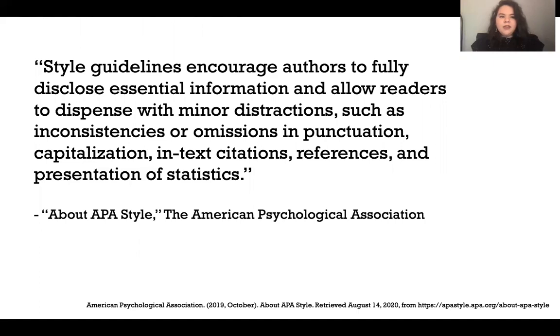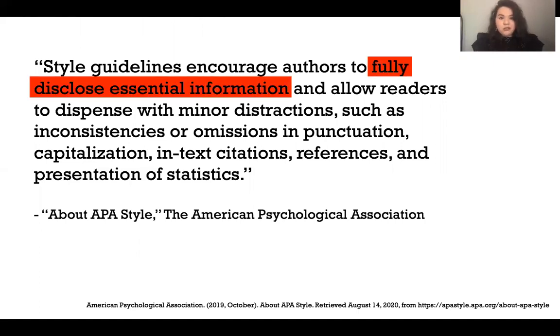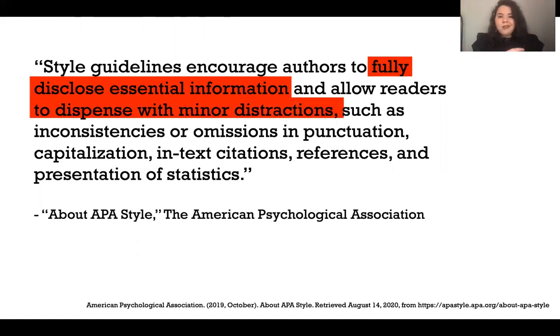You can see here that we're fully disclosing the essential information, which means the key points that our audience needs to know are touched upon. And then we're getting rid of anything we don't need. So really it's just keeping the essentials in place, making sure that they're backed up with evidence and references, and then getting rid of the rest of the fluff.